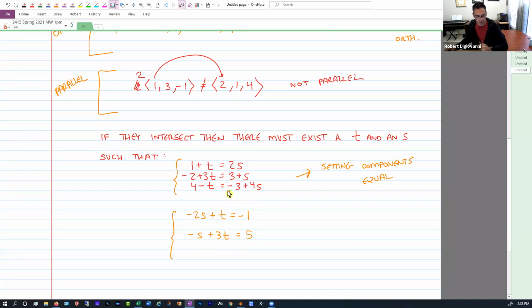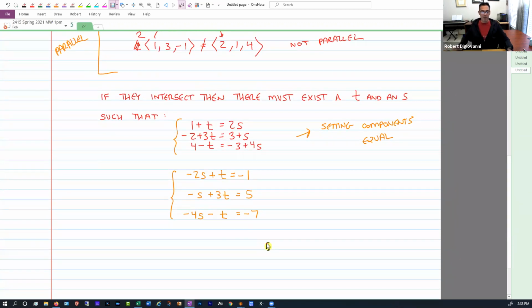And then I'm going to bring this one, bring the 4s over, so minus t, and then take the 4 to the other side, so subtract 4, you get -7. So there's our system of 3 equations and 2 unknowns. Any questions on that?